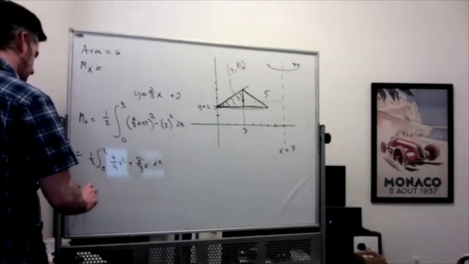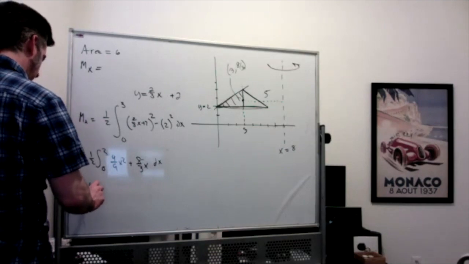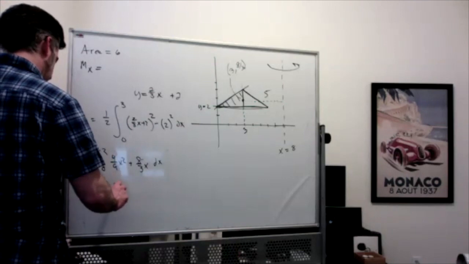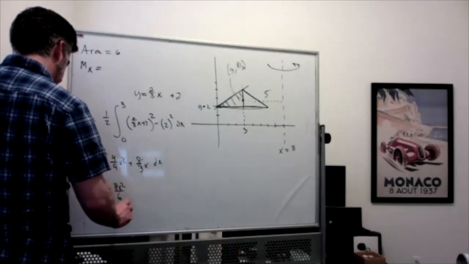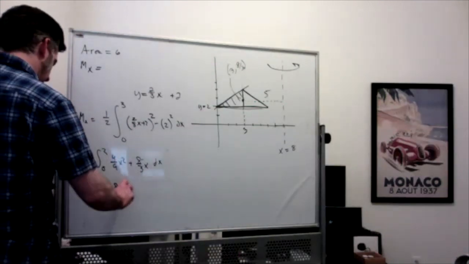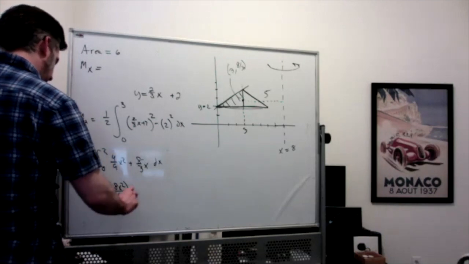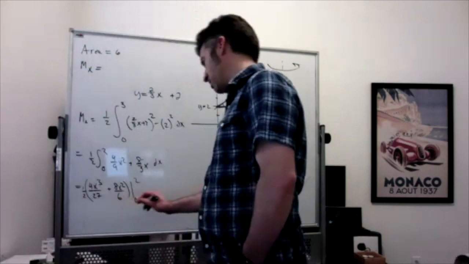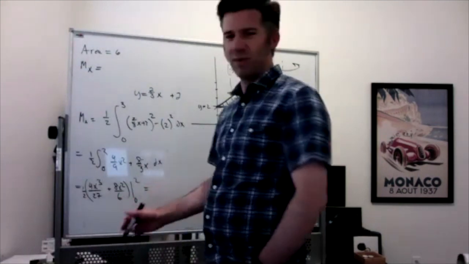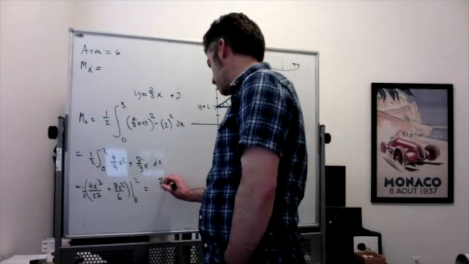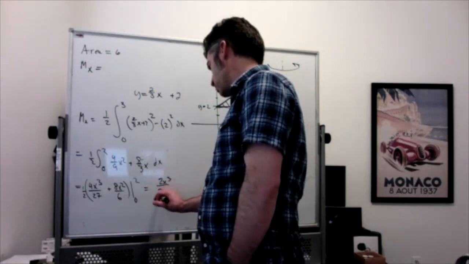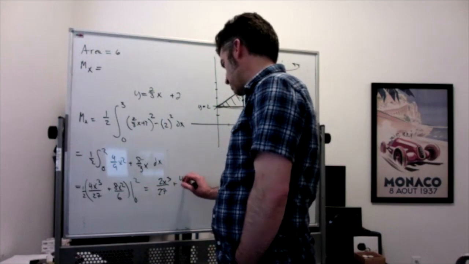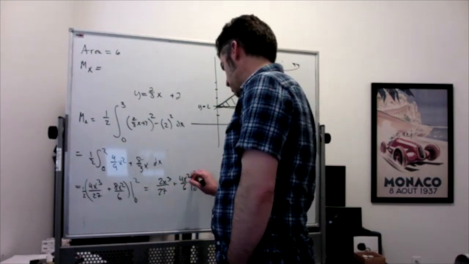So then integrating this, you get 4x cubed over 27 plus 8x squared over 6, all times 1/2, from 0 to 3. So distributing the 1/2, you get 2x cubed over 27 plus 4x squared over 6 from 0 to 3.